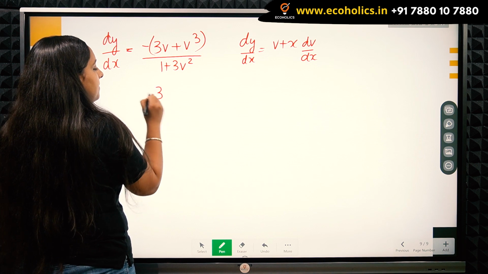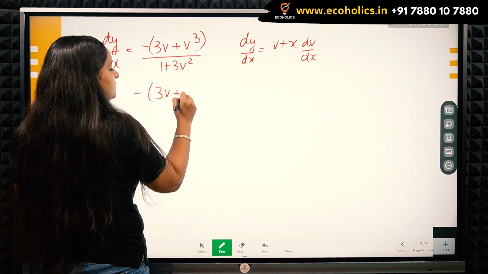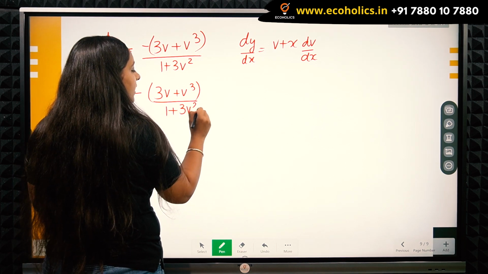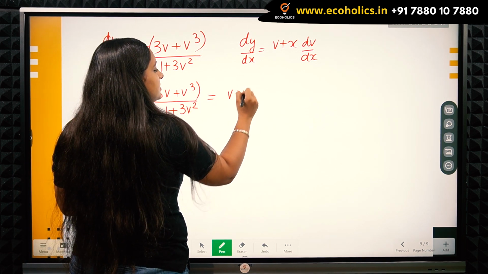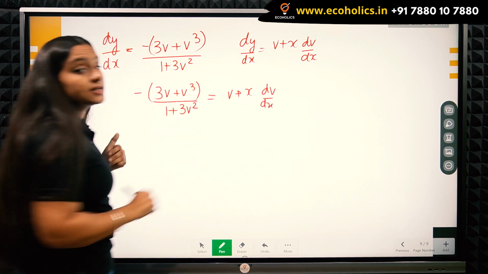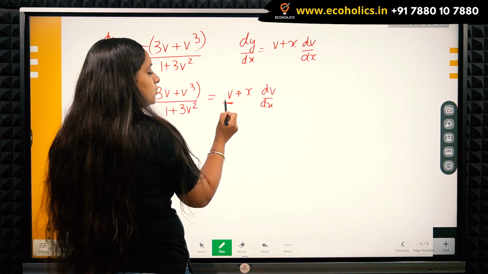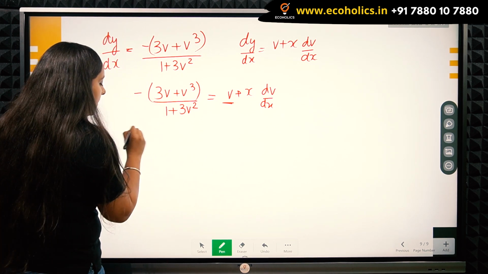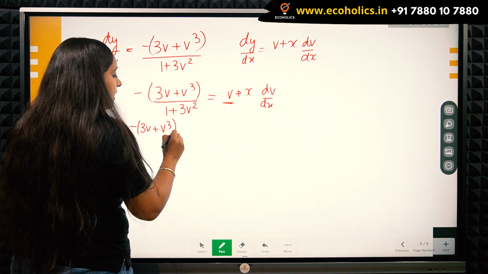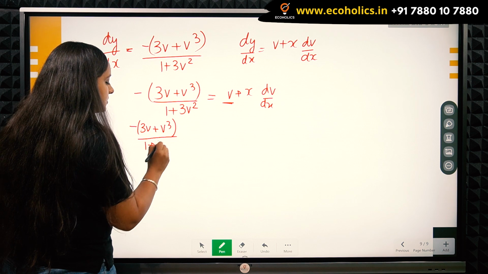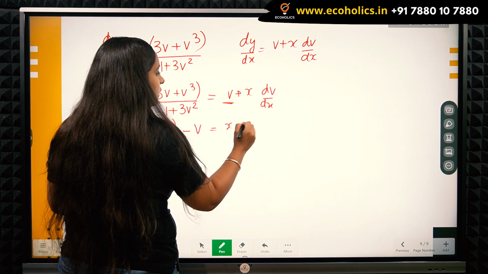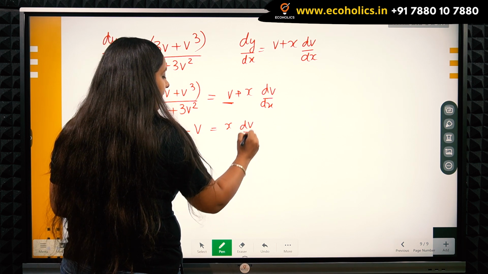So I will get minus 3v plus v cube upon 1 plus 3v square equals to v plus x dv by dx. Now my next task is to take this v to the other side. So I will get minus 3v plus v cube upon 1 plus 3v square minus v, and I have x into dv by dx.